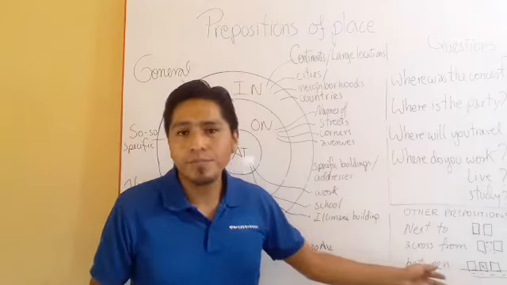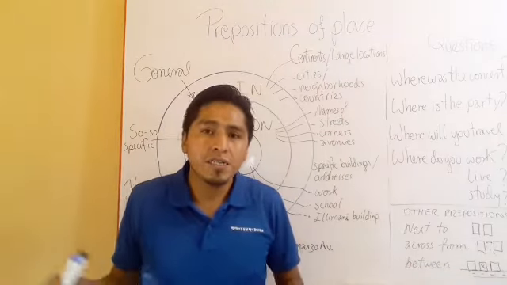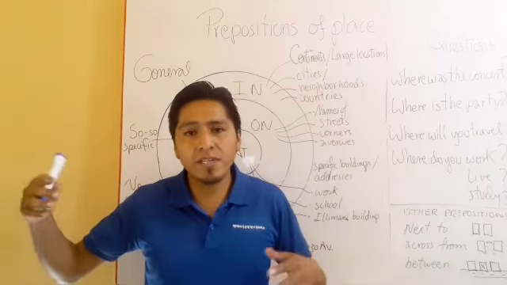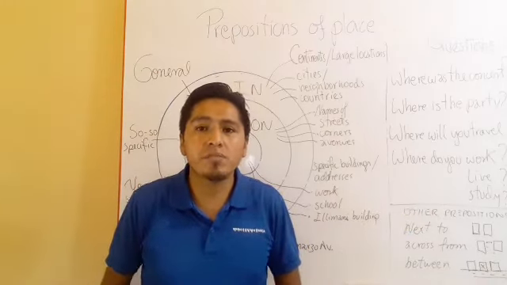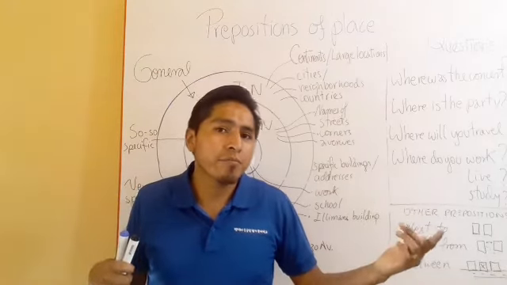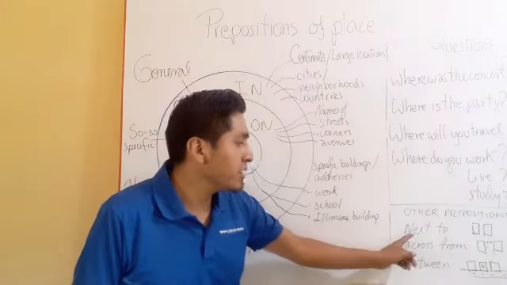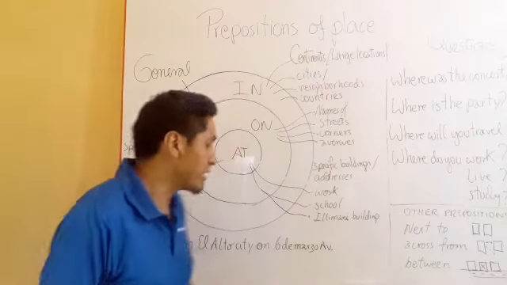Or between, maybe your house is in a place where there is a lot of commerce and there is something specific on both sides of your house. So you can say I live between the bank and the pharmacy. Yeah, it's possible. So you can use these three as helpers in order to give clear instructions.